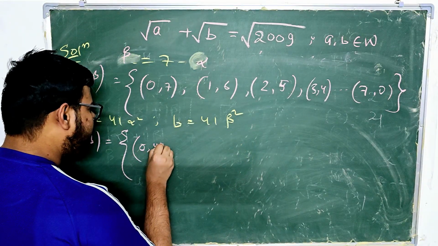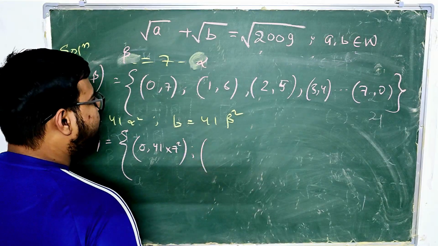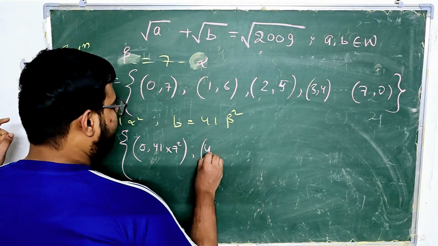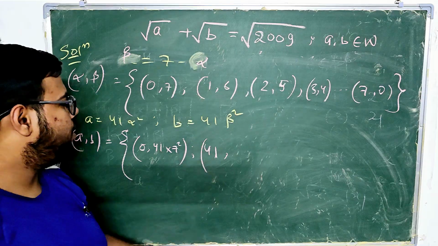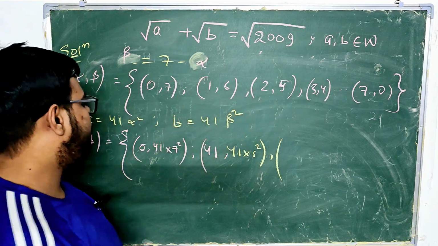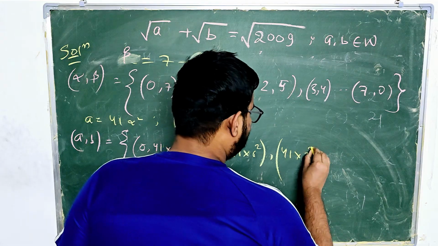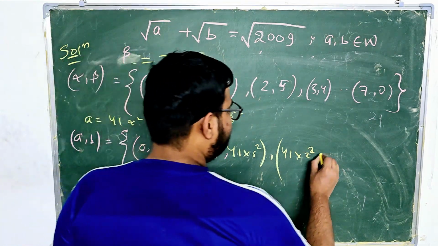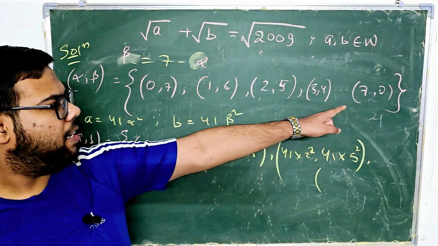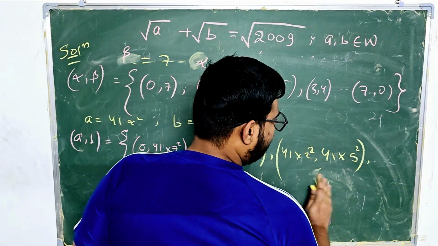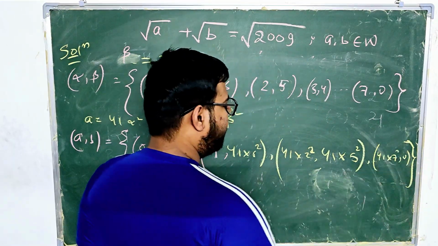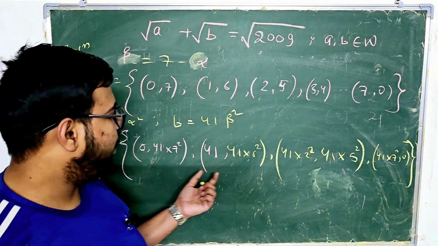So it is 0 comma 41 times 7 square, comma, when alpha is equal to 1, then beta is equal to 6 and A is equal to 41, comma, 41 into 6 square, comma, when alpha is equal to 2, then A is equal to 41 into 2 square, comma, 41 into 5 square, and so on till when alpha is equal to 7, then A is equal to 41 into 7 square, comma 0. Okay, so here are 8 possible answers.